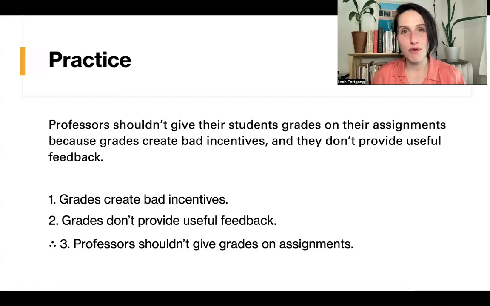Maybe taking the pressure off this incentive to always get high achieving, perfect marks might let students engage better with the material. We want to incentivize trying hard instead of incentivizing getting an A on the assignment. So those are 2 sort of lenses through which you could evaluate this first reason.